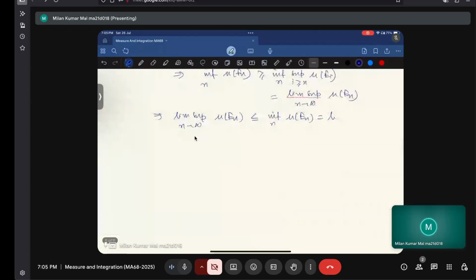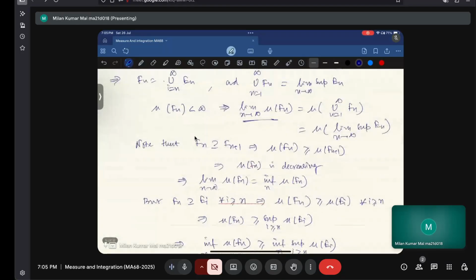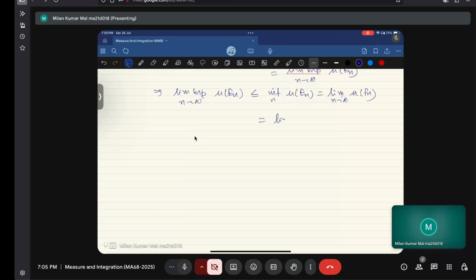Now this is equal to the limit as n tends to infinity of mu of Fn, but this is exactly equal to mu of the limit as n tends to infinity supremum En. Sorry, this is En.